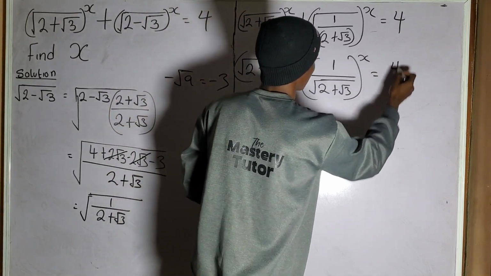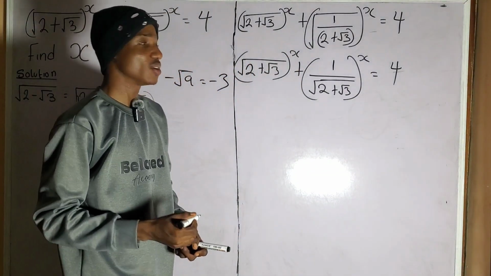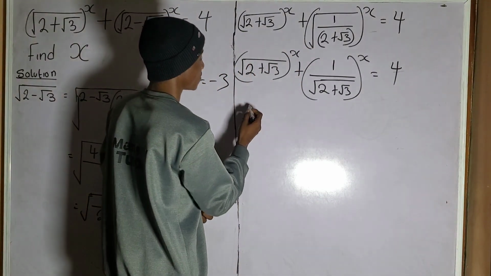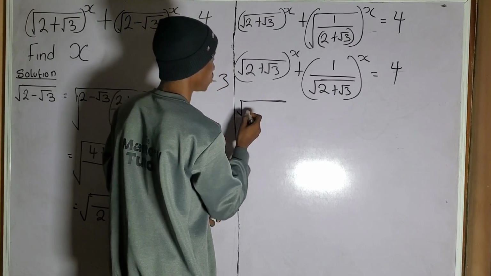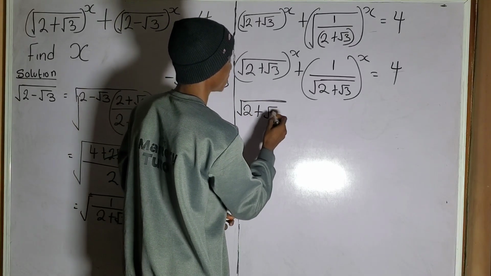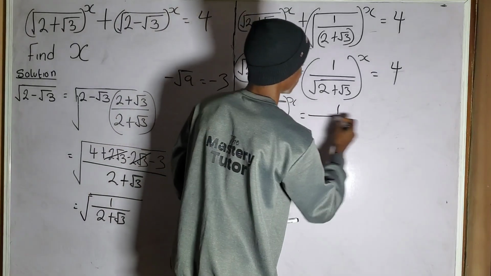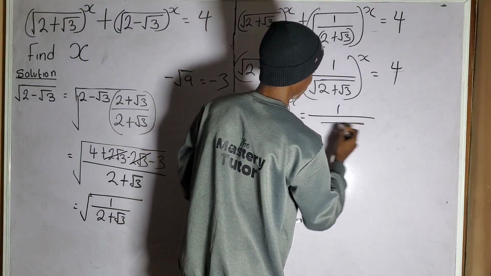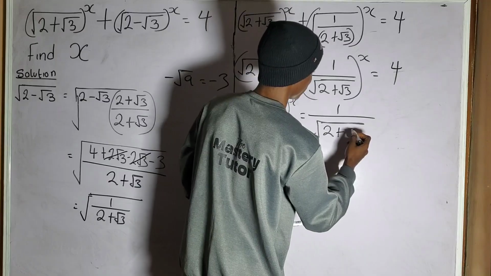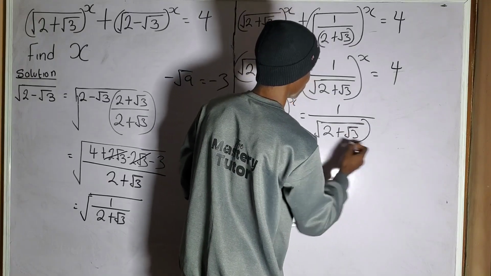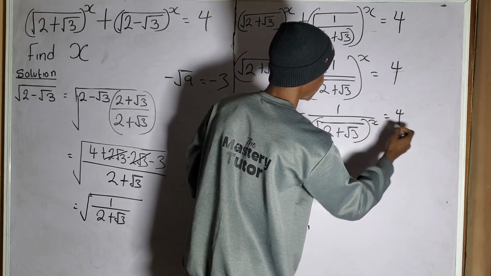This will be equals to 4. Do you understand? Okay. Here I'm going to have root of 2 plus root 3 raised to the power of x plus 1 all over root of 2 plus root 3 raised to the power of x. This will be equals to 4, right?